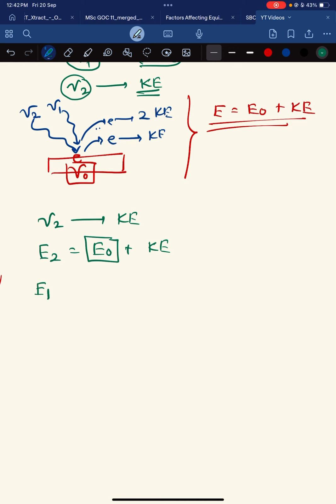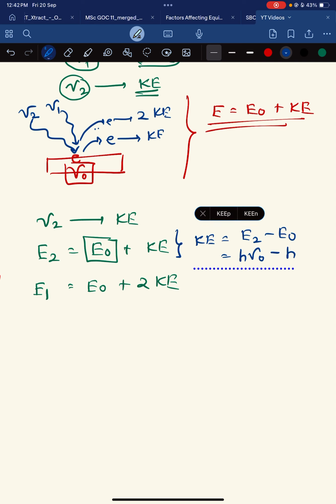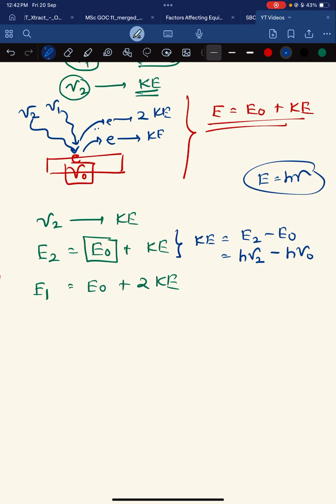For mu1, E1 is E0 plus 2 times the kinetic energy. Arranging, the kinetic energy is E2 minus E0, where E2 is h mu 2 and E0 is h mu 0, because we know E is equal to h mu.